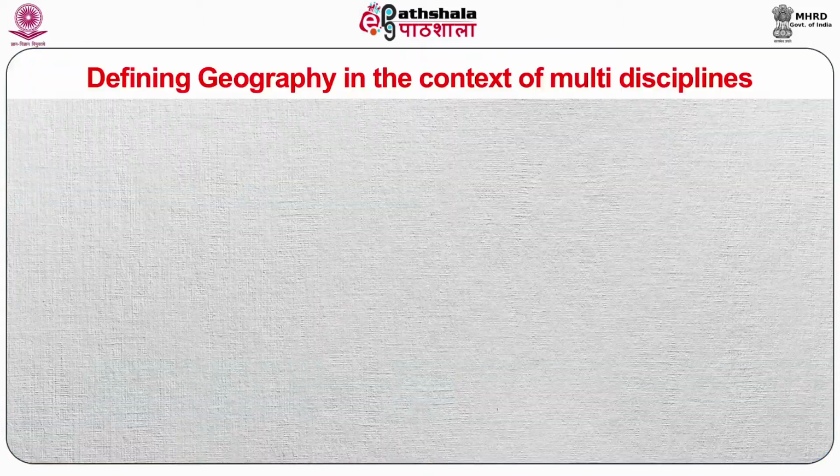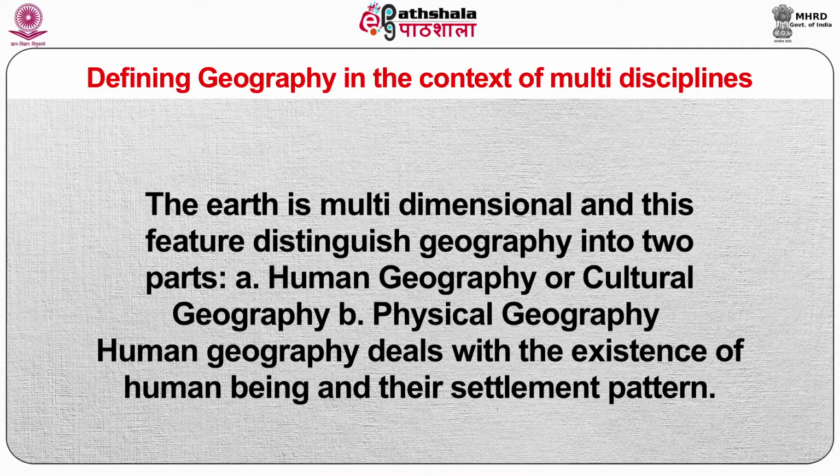If the earth is the abode of human beings, it is natural that many things will come out of this because human beings are interacting with their surroundings. The earth is multidimensional, and this feature distinguishes geography into two parts: number one, human geography or cultural geography, and number two, physical geography.